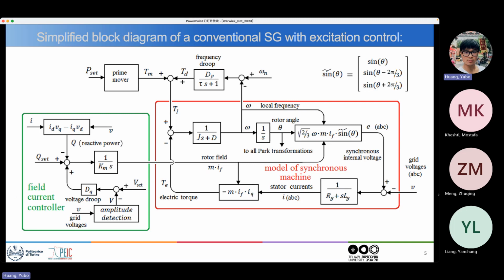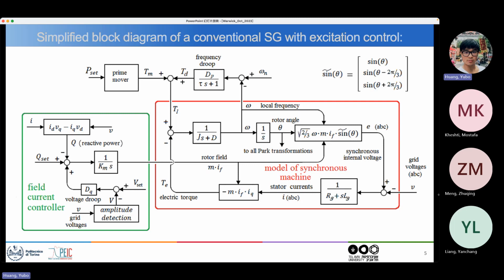Now you have this, you compare it with the grid voltage. The synchronous internal voltage is a voltage induced in the stator due to the movement of the rotor. And you compare it with the grid voltage, and this voltage difference falls on the stator impedance.